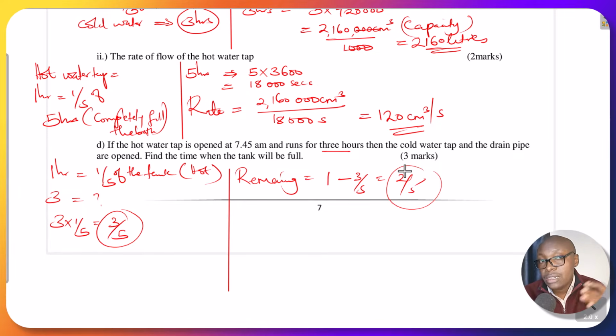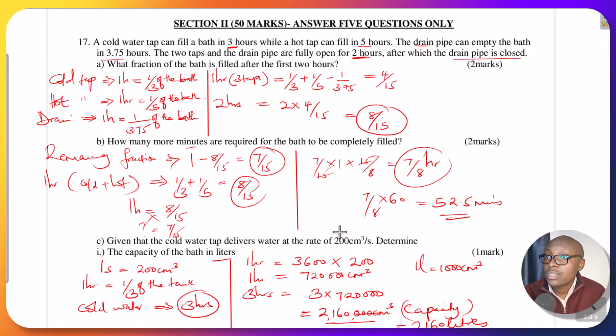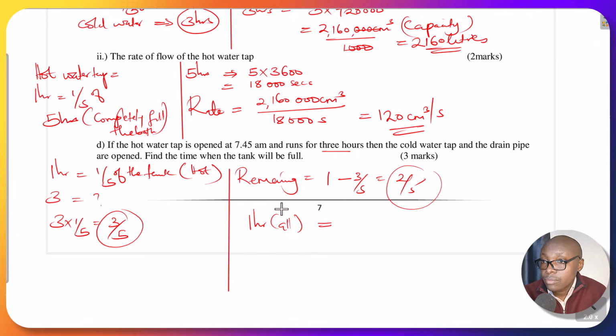So that means the 3 of them will be running, the cold, the hot, and the drain. And we have that in the previous question, that in 1 hour, all of them running will fill what fraction of the tank? We got that one is 4/15. It is here in the first part. 4/15, the 3 taps.